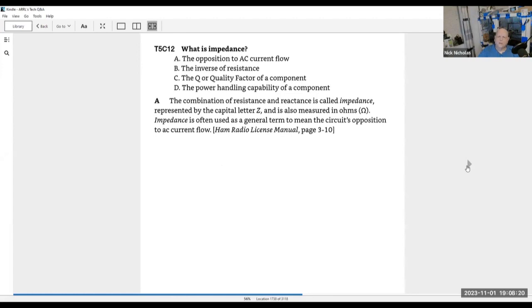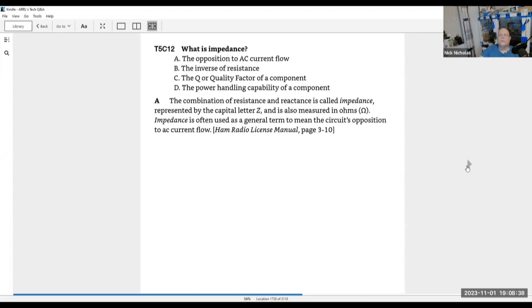What is impedance? Impedance is the opposition to the flow of AC current. It's the total opposition to the flow of AC current. Answer A. So what is impedance composed of?